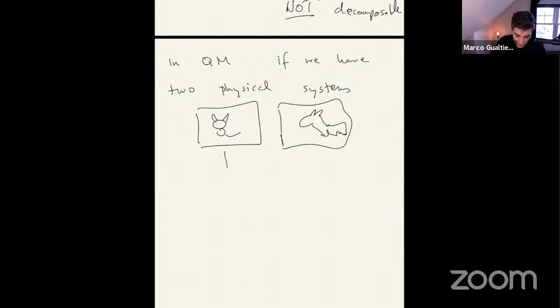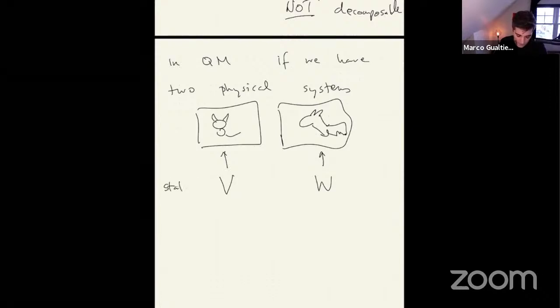In quantum mechanics, there's a vector space associated to this system, and there's a vector space associated to this system. The states of the cat are given by vectors inside V. So this is the state space.